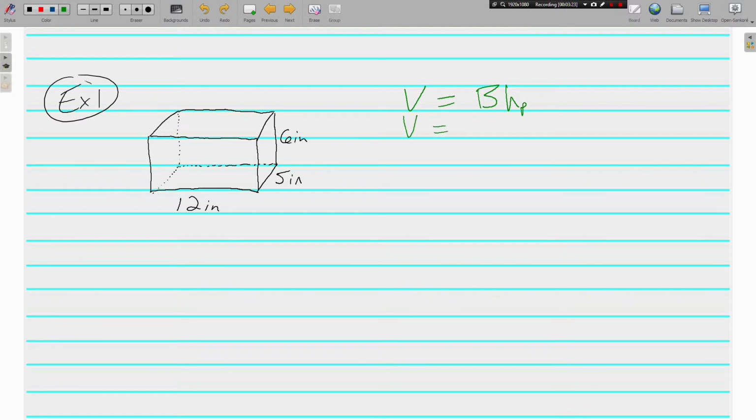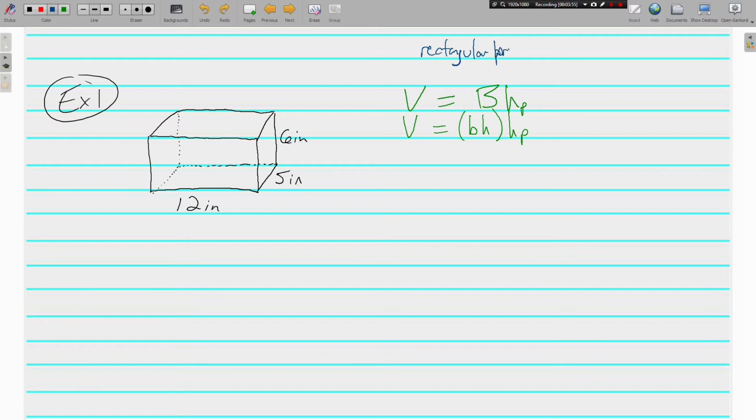Because the base is a rectangle, to find the area of the base, we're going to use base times height, times the height of the prism. I know there's a lot of letters here, but I want you to understand that rectangular base is this first part.